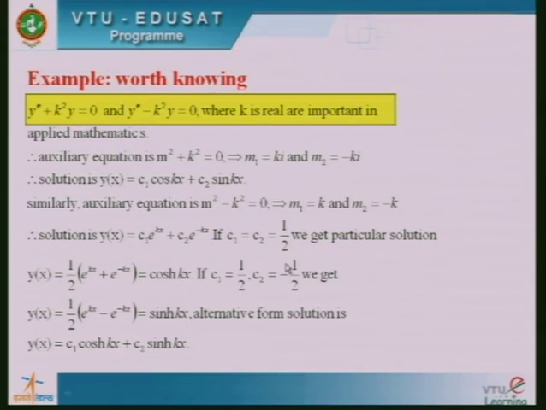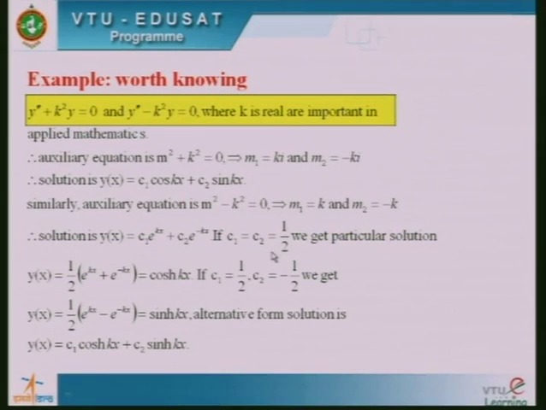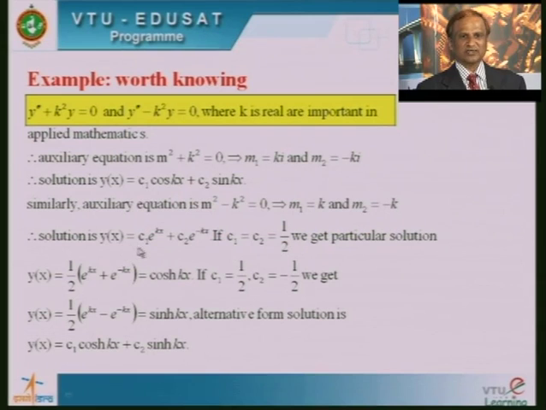Suppose if I take C1 is equal to C2 is equal to 1 by 2, we get the particular solution, right. So, in this solution I am going to replace C1 by 1 by 2, C2 by 1 by 2. So, what we will get, y of x is equal to 1 by 2 times e to the power kx plus e to the power minus kx, is it clear.